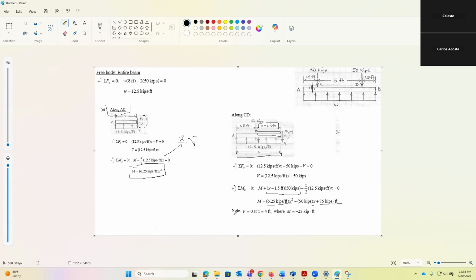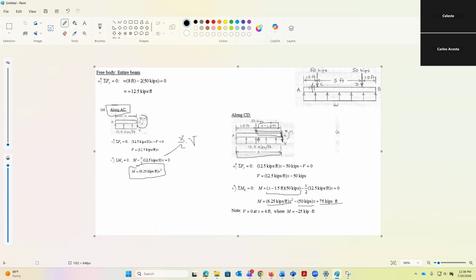Just like the homework, you start putting numbers for x and v. So v equals 0 when x equals 4 feet. And we're basically solving this. Let me just double check.